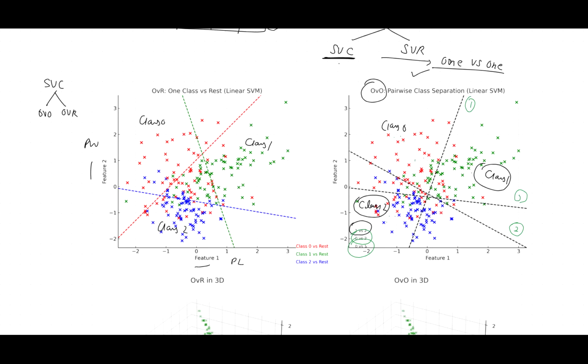This is the functionality. It will pick up your classes for pairwise separation and it will try to separate them linearly, right? Linearly means what? Just to draw this one plane, okay? And there will be one boundary too, which is not shown here. So we can remove this one.